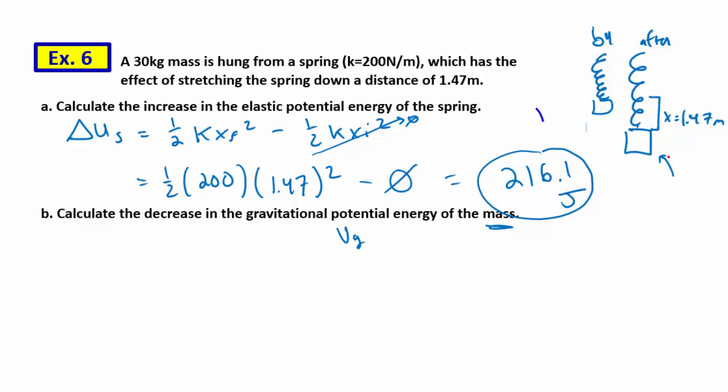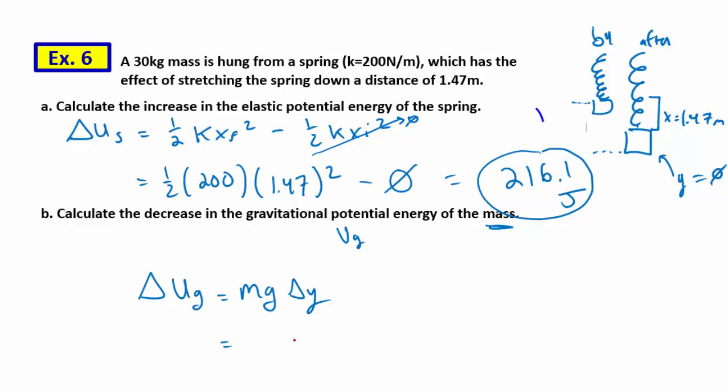I'm going to set this as my y is equal to 0, or h is equal to 0, the lowest position. And so my mass used to be up there. And so whenever there's a change in height, then there's going to be a change in gravitational potential energy.